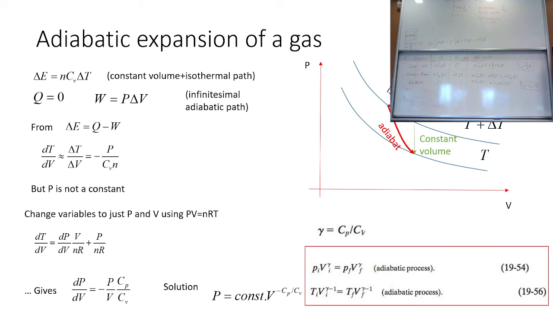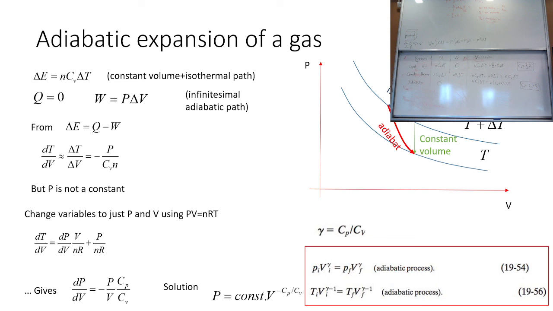The way that you derive it is you can split it into two parts: you go along the isotherm and then down a constant volume, and if you do a little bit of calculus, then you can get a relationship like this. So for an adiabatic process, PV to the gamma is a constant.